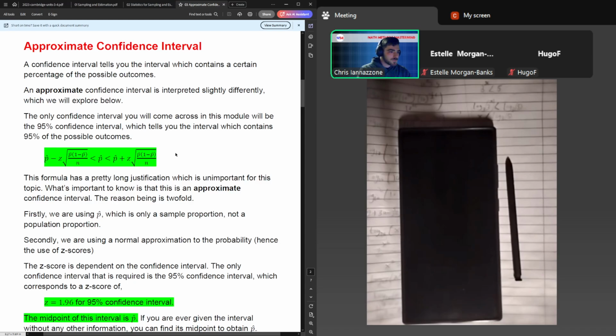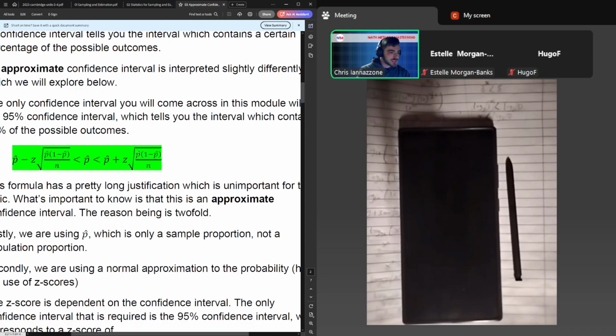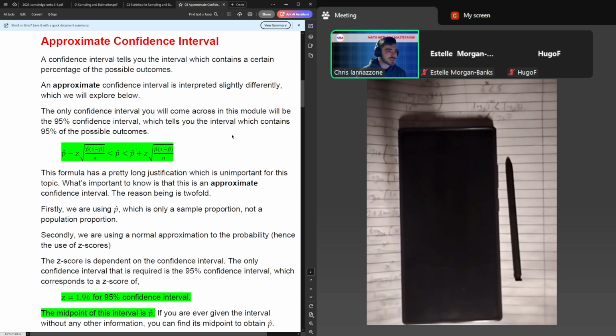Now, what's a little bit different here is that this one's using p-hats in its calculation. The reason is that an approximate confidence interval in sampling and estimation is interpreted a little bit differently to how it is in the other contexts. In the other contexts, it's basically telling you the likelihood that your value falls between a certain range of possibilities.